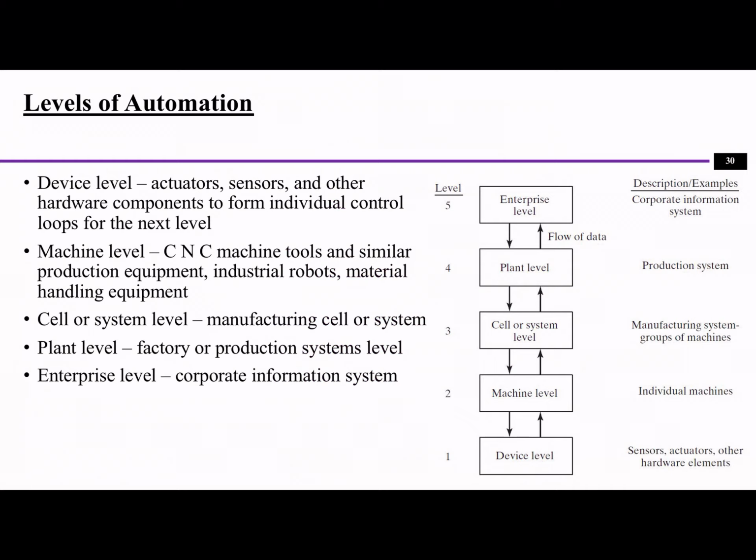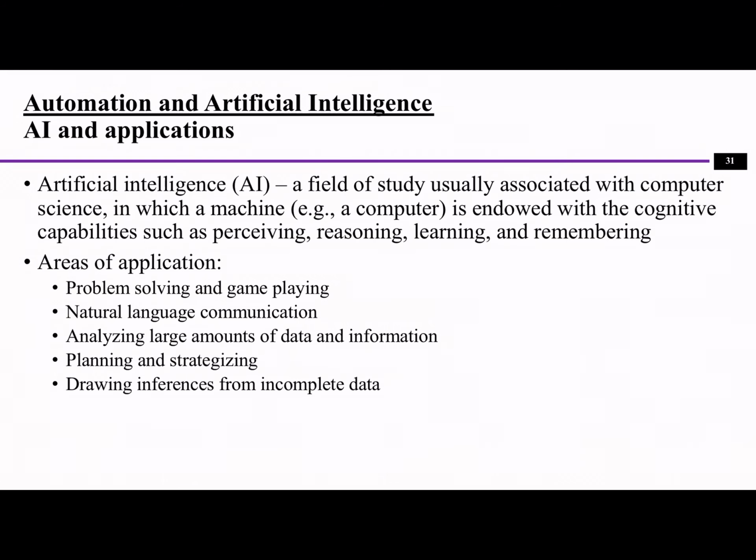And then going upper, we have the ERP system, which incorporates information from many different functions, finance, marketing, R&D, and so on, so automation really happens at all levels.